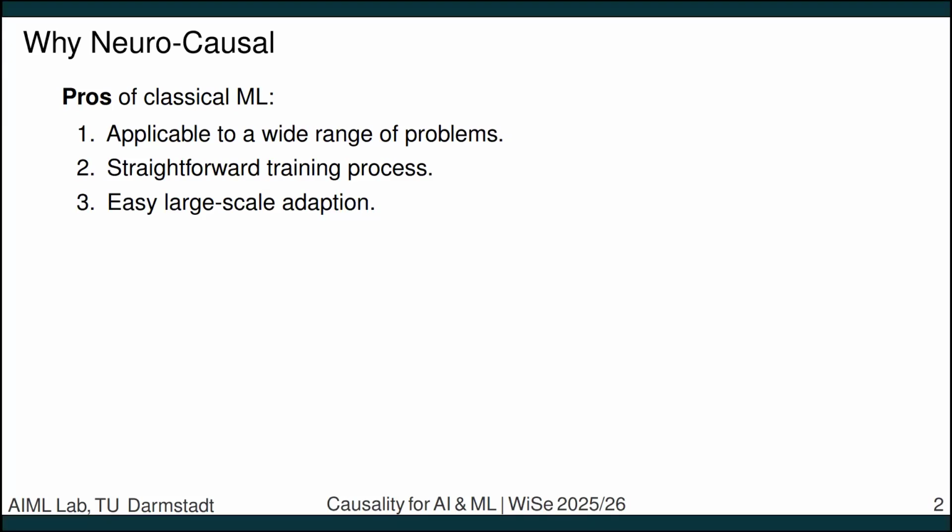Furthermore, the training process via backpropagation is quite straightforward. Usually we have a relatively similar training loop for all of our neural networks, and we don't really have to care that much about the underlying processes.